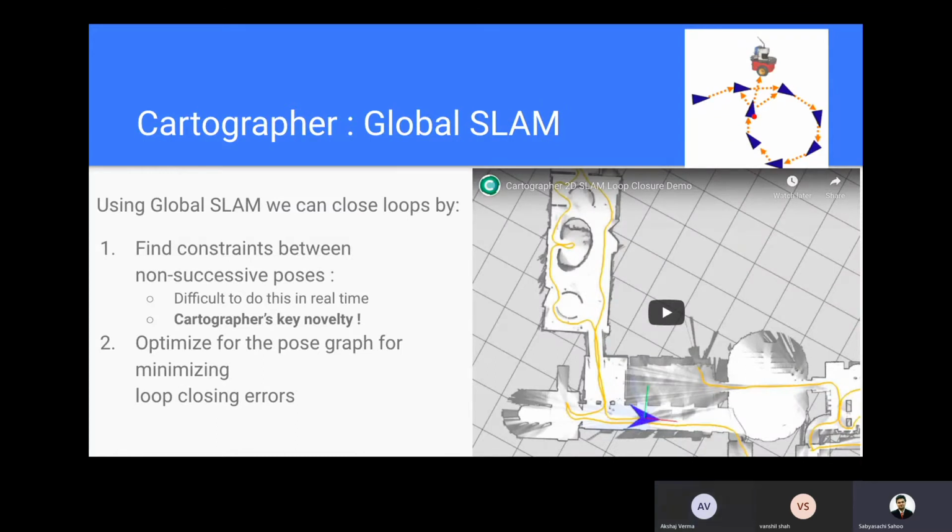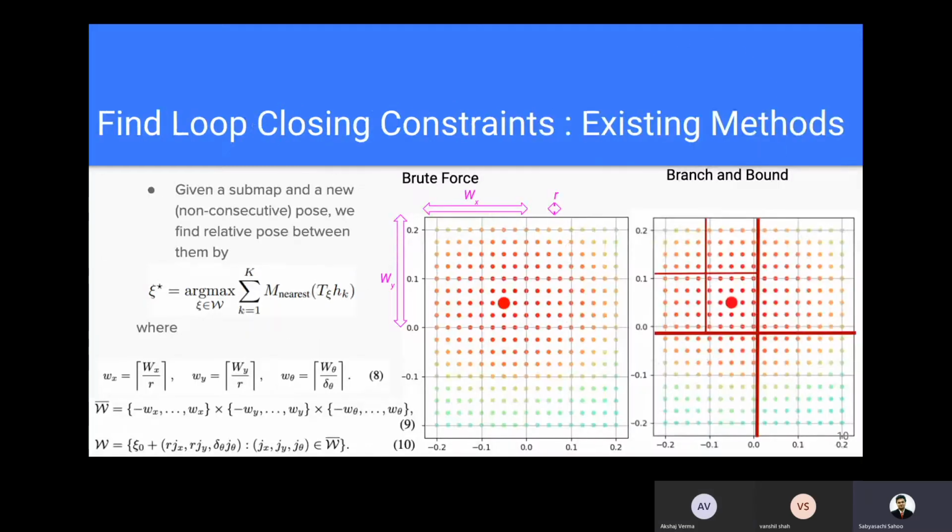We are not saying whether they are loop closing constraints or not. Let us assume that for any given two poses, which are nearby, either because they are successive or maybe they are candidate loop closing constraint poses, if we would like to do scan matching, what would be an alternate, brute force way of doing it? That is what I was describing.